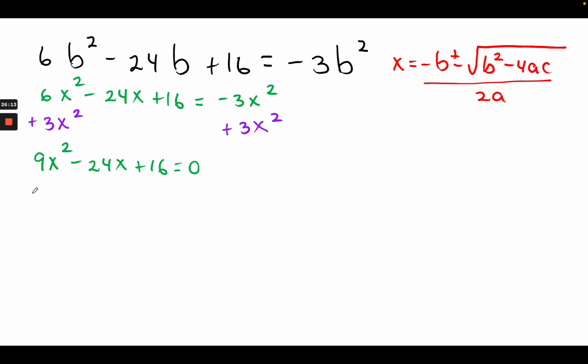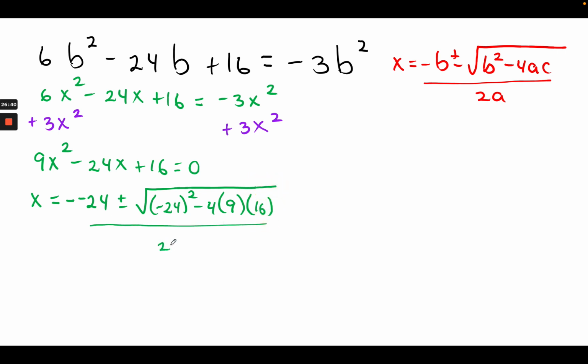Okay, so x is equal to negative b, so negative 24, plus or minus the square root of b squared, so that's negative 24 squared, minus 4 times a, which is 9, times c, which is 16, all over 2 times 9.